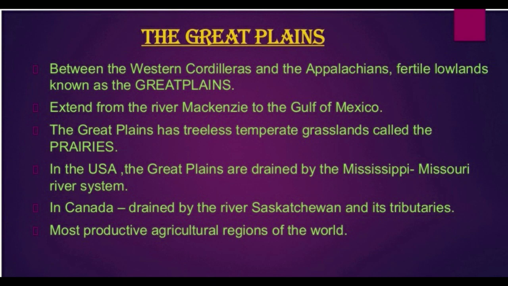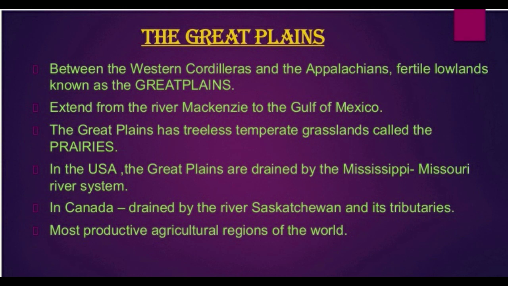First, the location of the Great Plains. They are located between the Western Cordilleras and the Appalachians. There is a fertile lowland known as the Great Plains, and the Great Plains extend from the river Mackenzie to the Gulf of Mexico. The third one is that the Great Plains has a treeless temperate grassland called prairies.